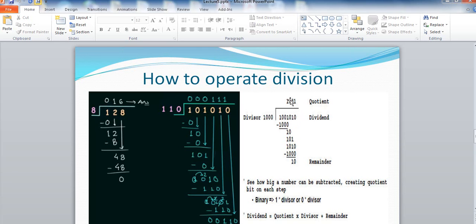Then you put another 0 on the quotient, and bring the other bit from the dividend down, and then compare again whether it is bigger or equal.